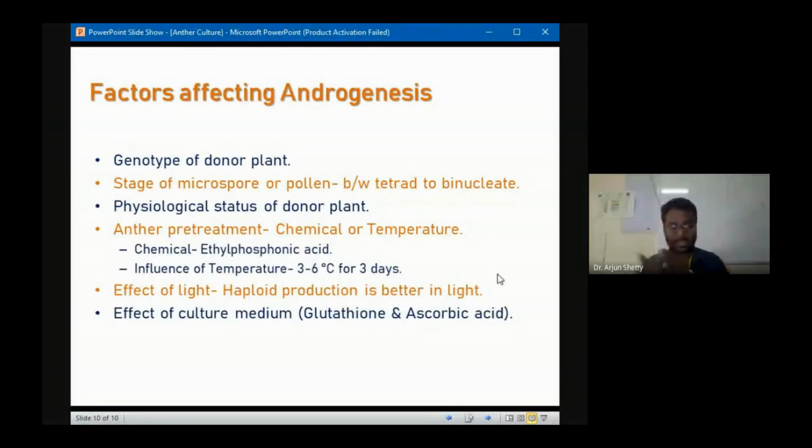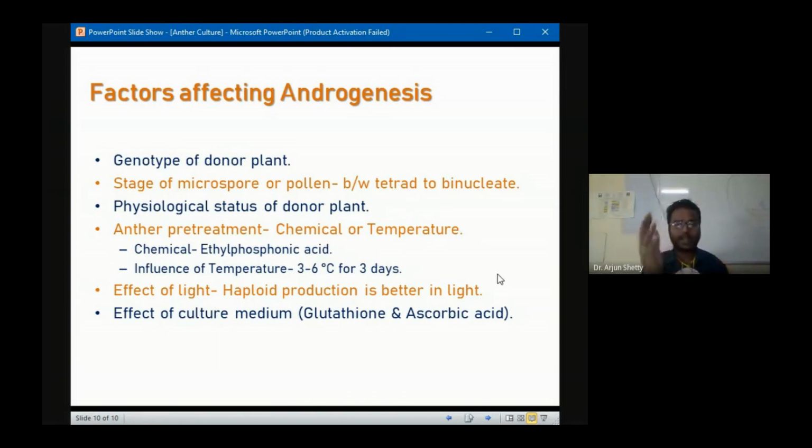In the previous slide I informed you that lower light intensity is required for formation when the pollen or anther has been inoculated. Once the embryo has started maturing at the cotyledonary stage, better light condition is very good for the production of haploids. Haploid production is much greater in the light condition.